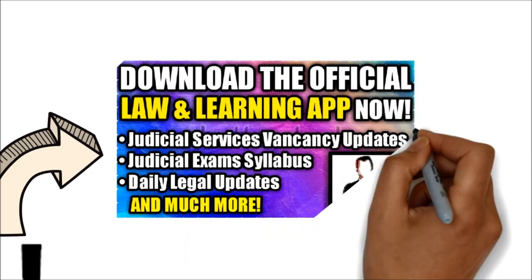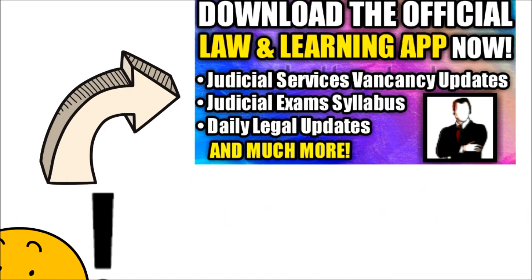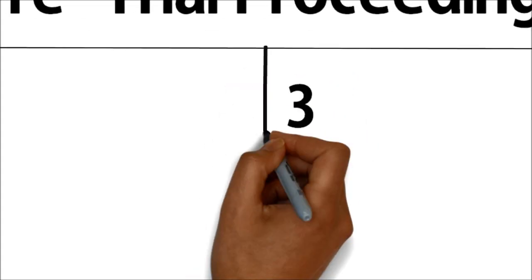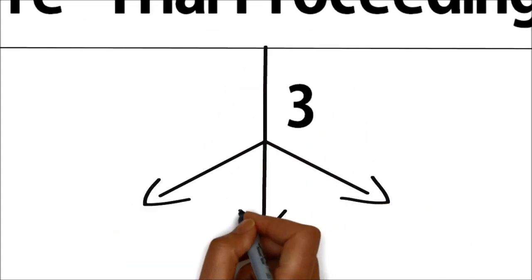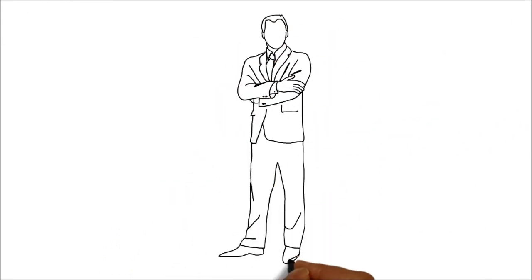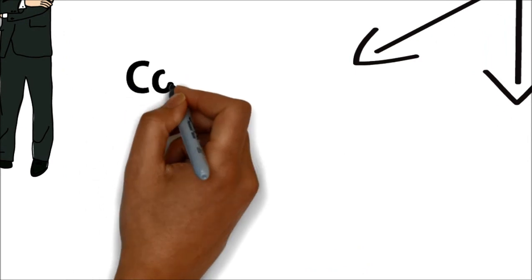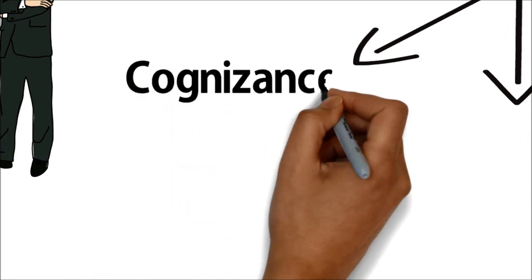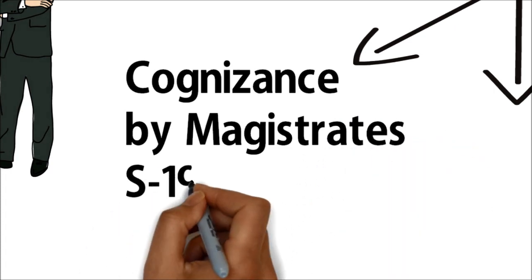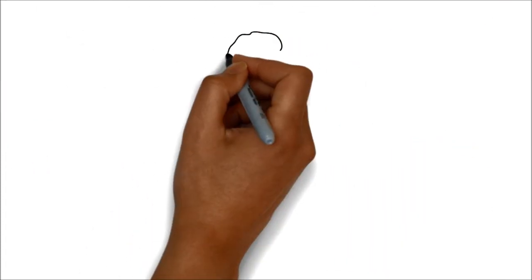So let us come to the topic. I have divided the pre-trial proceeding into 3 parts. The first part is where the cognizance is taken by a magistrate, which is provided under section 190, which we are going to study later in this video.